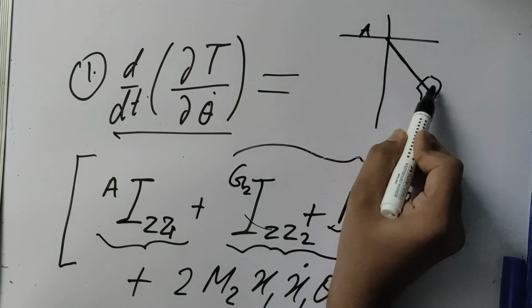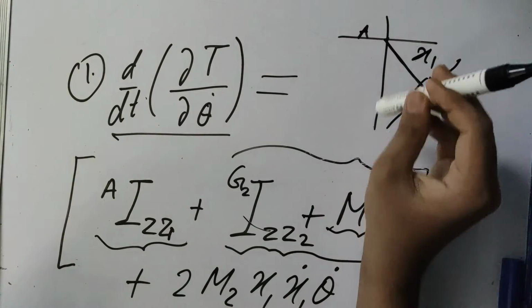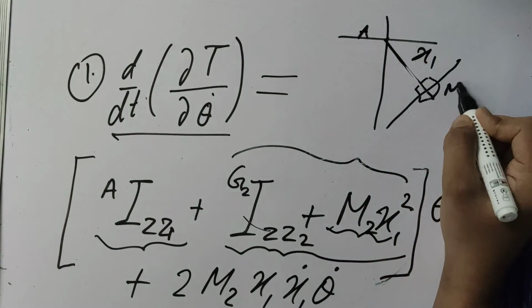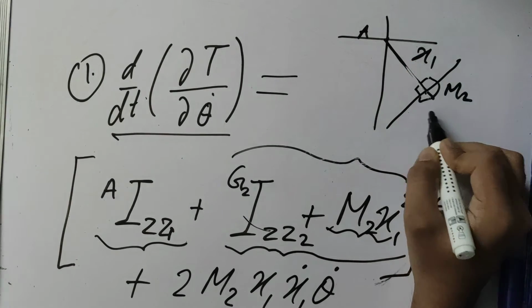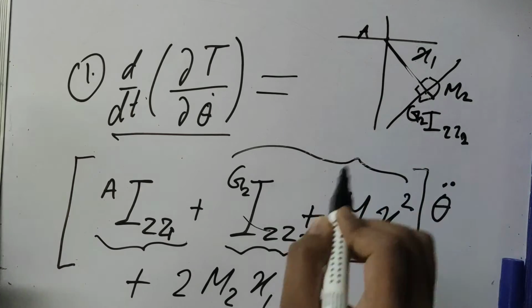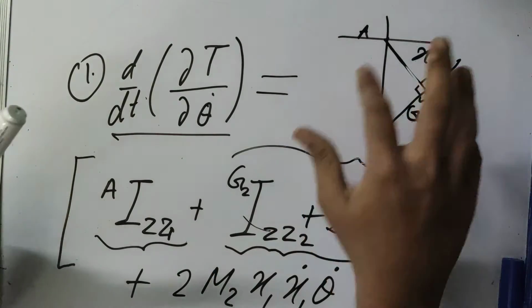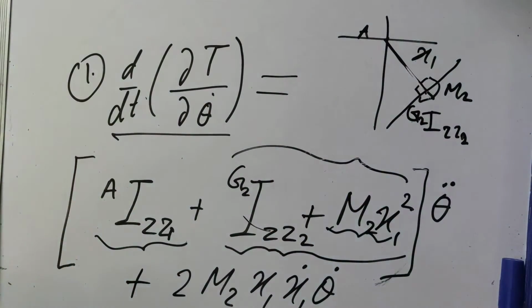Basically this distance is what I chose as x1 to simplify things here, as you see. So m2 times x1 squared plus the moment of inertia of this sleeve along its axis of center of mass. So basically that gives us the moment of inertia of this sleeve with respect to this point. That is what I mean to say.